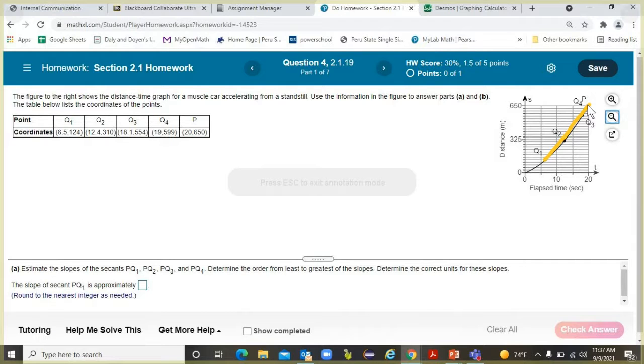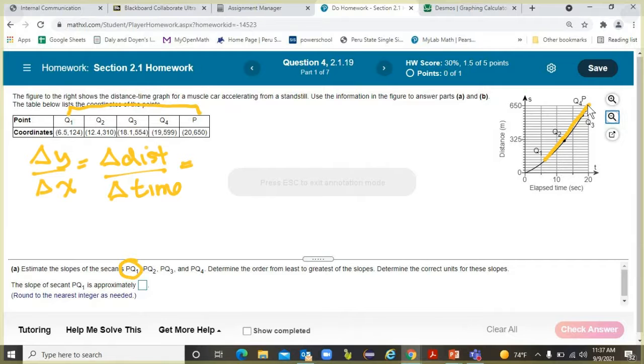So how do you find the slope of a line? Change in y over change in x. In this case, it's change in distance over change in time. We want the line from P to Q1.